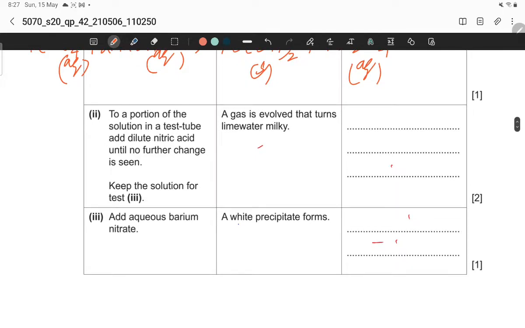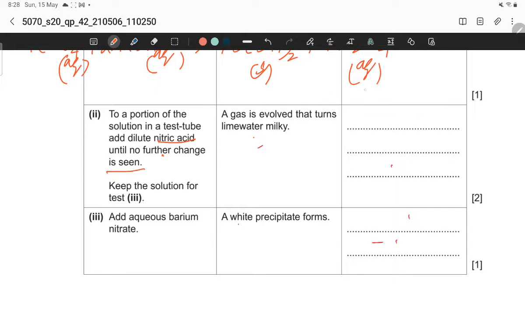To a portion of the solution in a test tube, add dilute nitric acid until no further change is seen. Keep the solution for test 3. A gas is evolved that turns lime water milky. This is the observation of carbon dioxide gas, so it means this solution contains carbonate ions. It carries 2 marks.